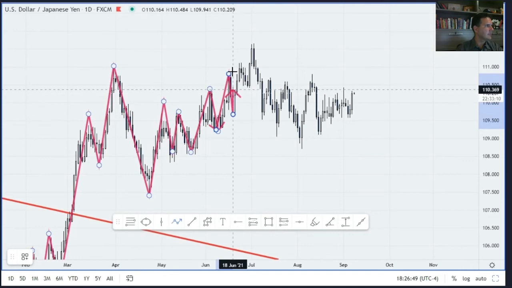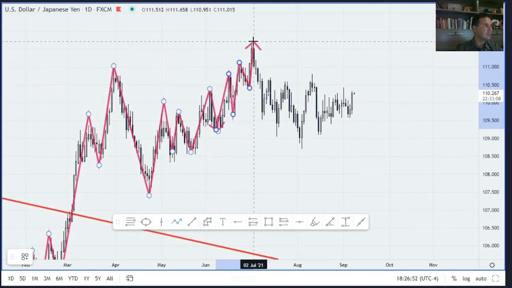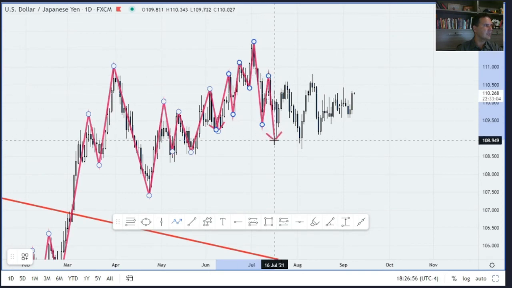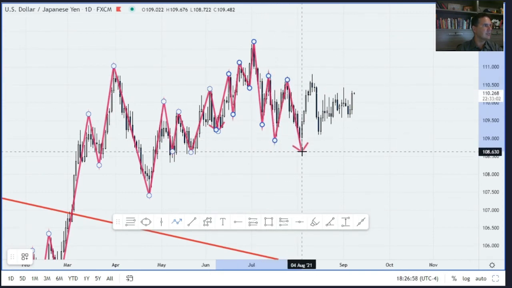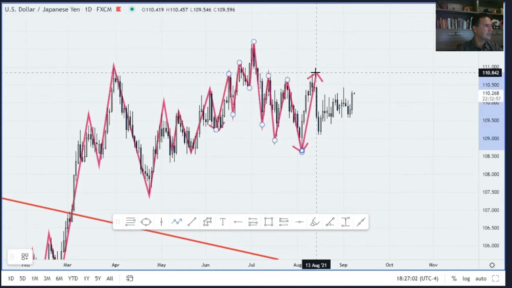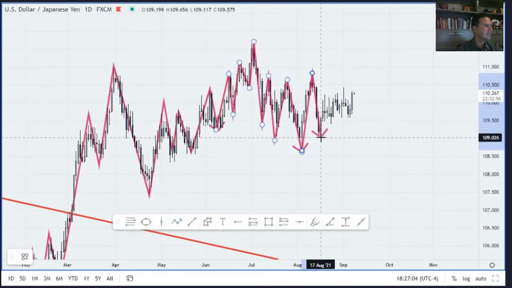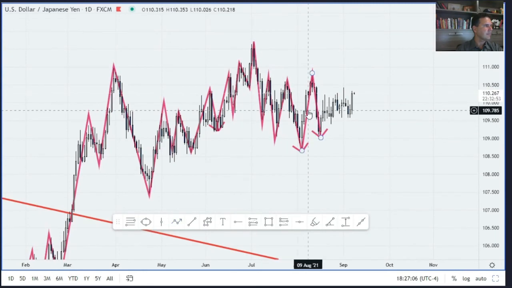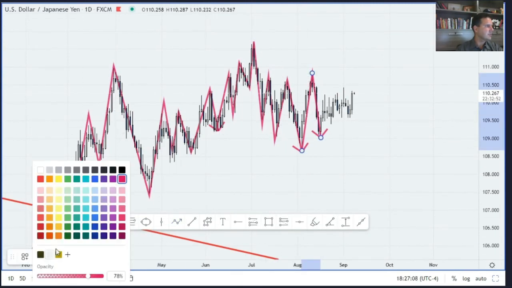High to low, low to high, high to low, low to high, high to low. And we are going to change color again. Low to high, high to low. Change colors.